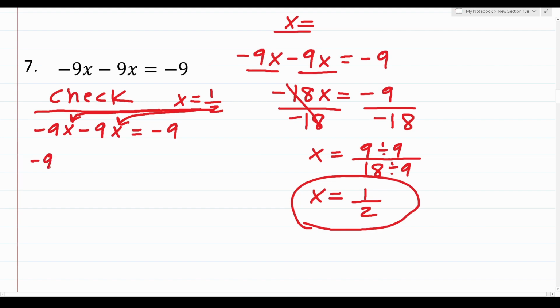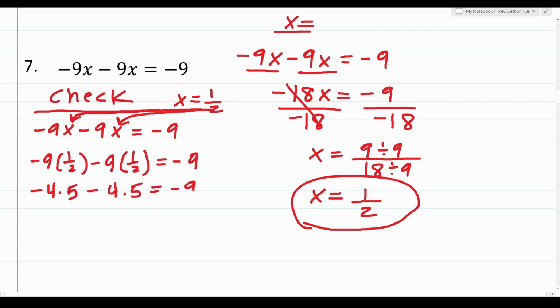This becomes negative 9 times 1/2 minus 9 times 1/2 equals negative 9. Well, what is 1/2 of 9? It's 4.5. So this becomes negative 4.5. Negative 4.5 minus 4.5 equals negative 9. Negative 4.5 minus 4.5 is negative 9.